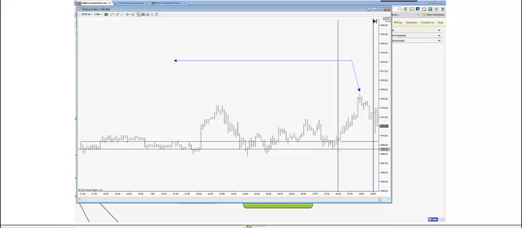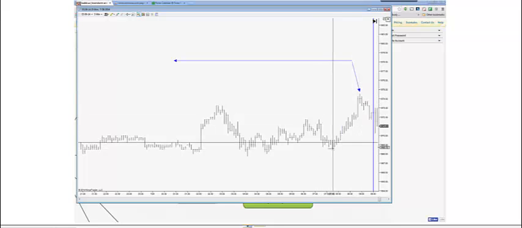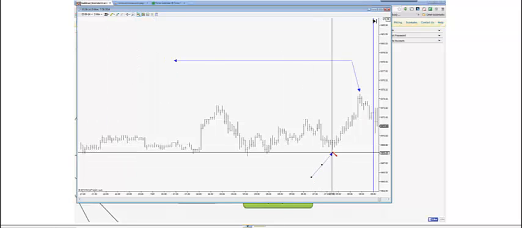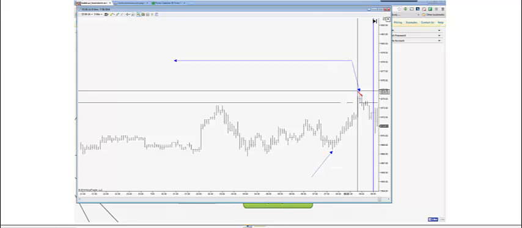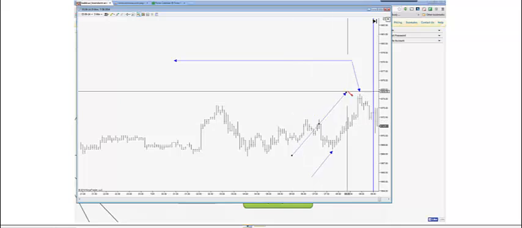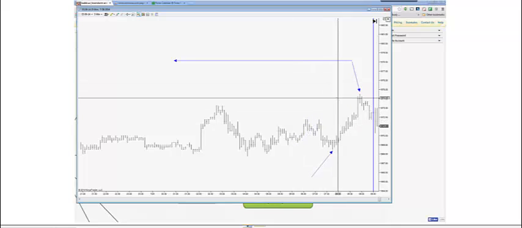That means the most important low so far is the last pivot they left behind. It's this guy right here, so let me mark it. This is the important high, this is the important low that I'm focusing on, and the overall trend as we speak is to the upside.